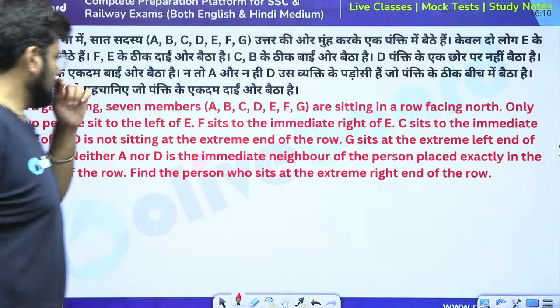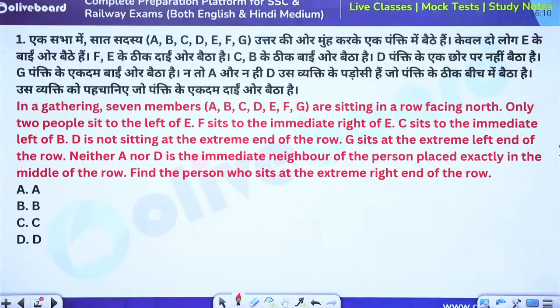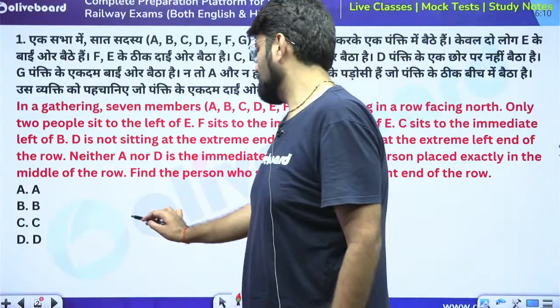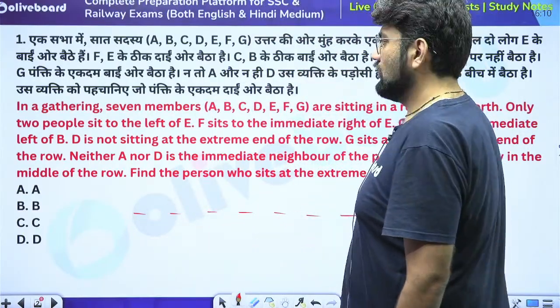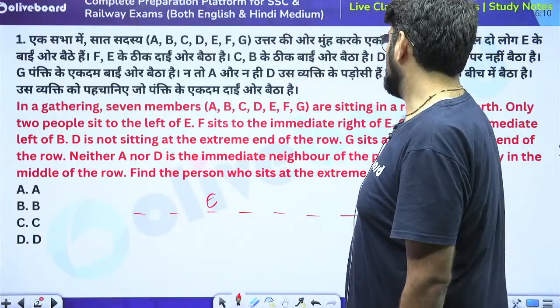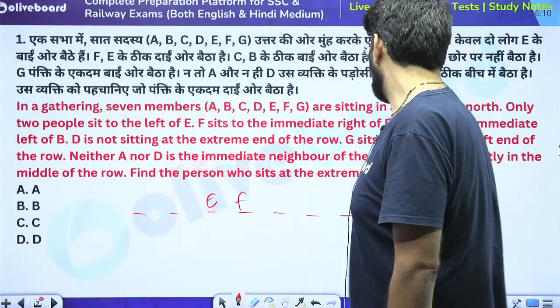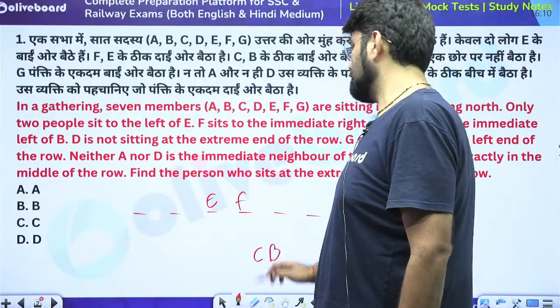Now in a gathering, 7 members are sitting in a row facing the north. Only 2 people sit to the left of E, so this is E. F sits to the immediate right of E, this is F. C sits to the immediate left of B, wherever that may be.